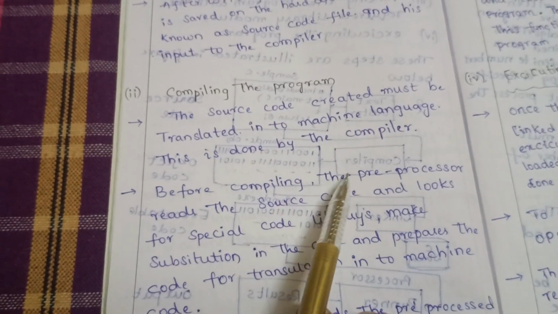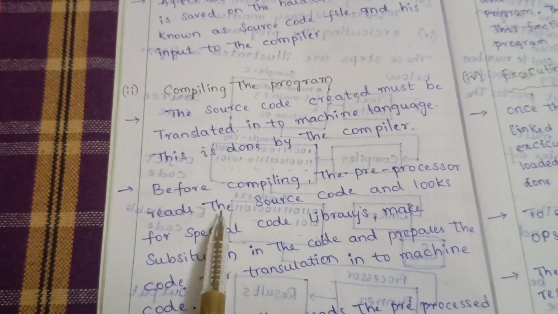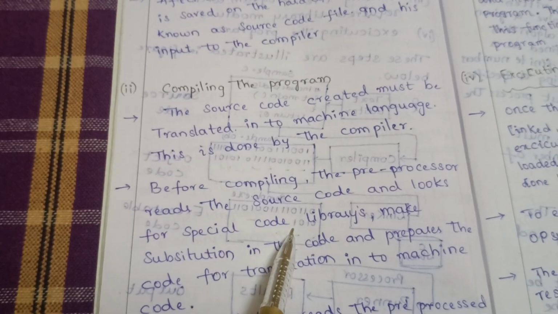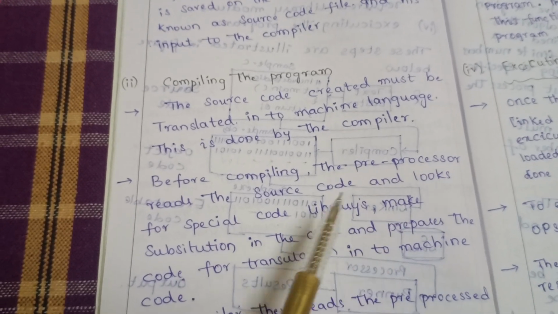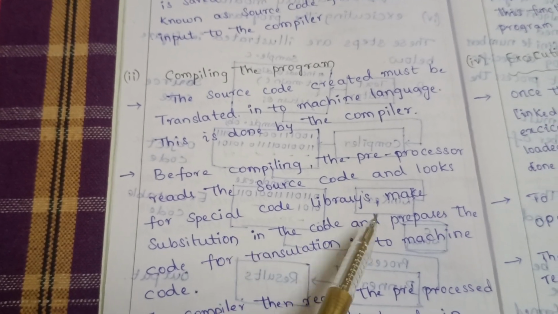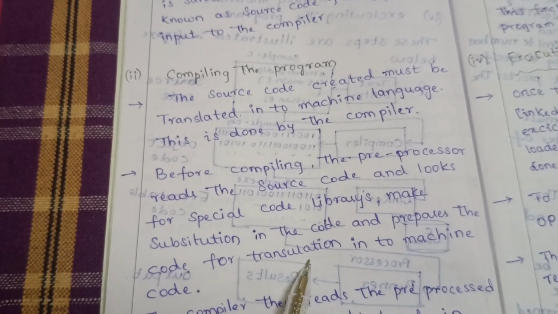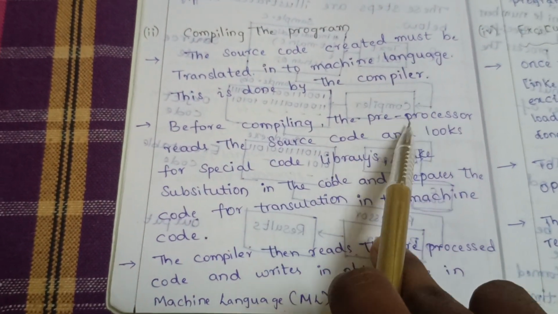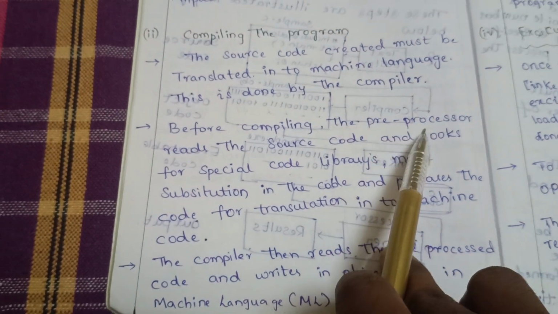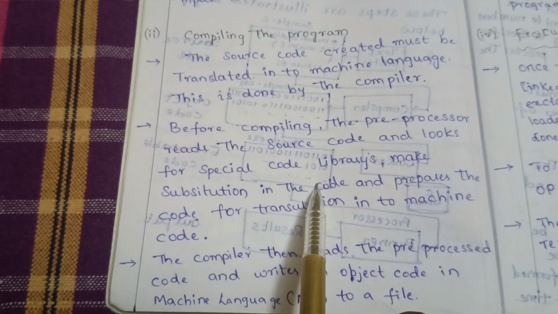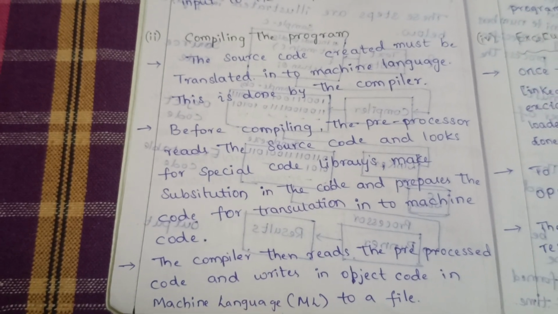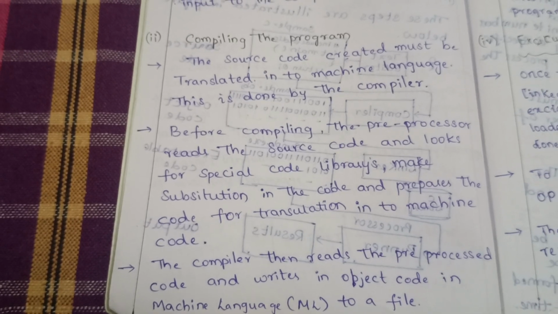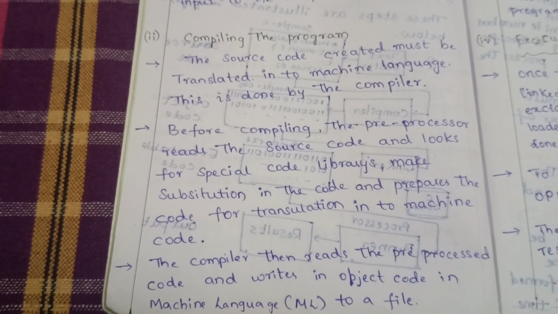Before compiling, the preprocessor reads the source code and looks for special code libraries, making substitutions in the code and preparing the code for translation into machine code.